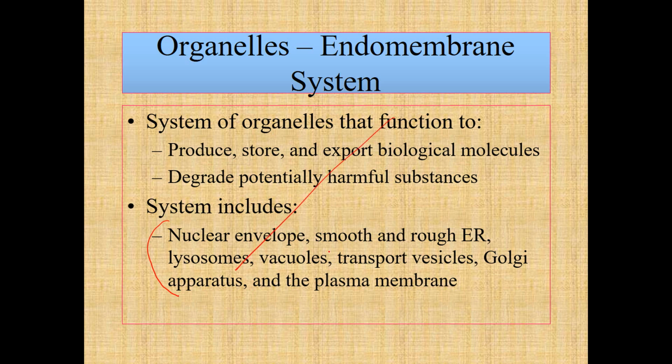I would worry less about what's on here and more about kind of what I was saying. I will devise some sort of test question that makes sure that you can follow, let's say, the production of a protein, follow it through to all of the organelles that are going to interact with that protein. All right. So just focus more on that and that relationship than anything specifically on this slide.